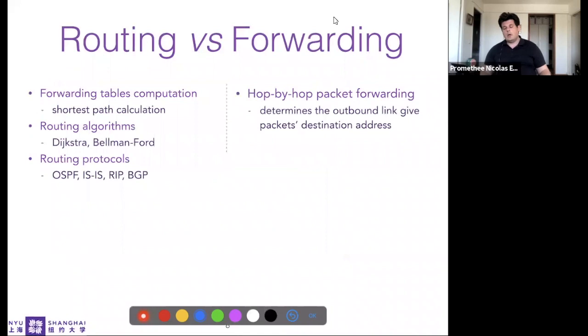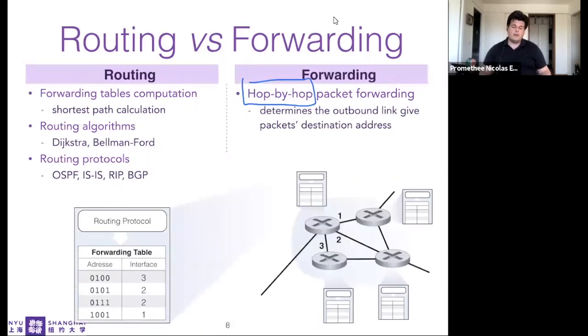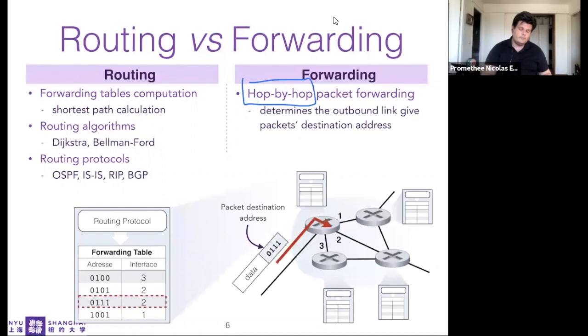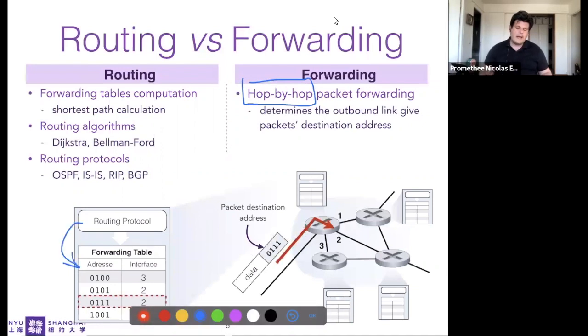If I look at forwarding, once again, forwarding is done hop by hop. You need the routing protocols to give you a table. Based on the table, whenever a router receives a packet, you are going to be able to match the destination to one entry of the table and forward the packet, knowing the interface or who is the next hop.